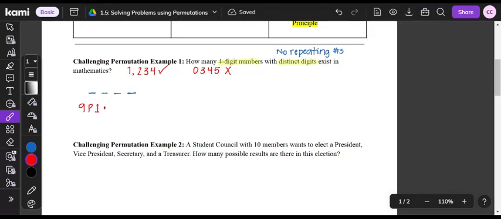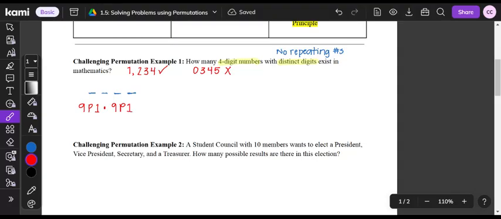Okay, then I got to think of the next spot. Now, the next spot, I'm going to allow 0 to be there. But I chose a number already in the first place, and it has to have no repeating numbers, which means if I take out whatever number I chose in the beginning, but I put 0 back in, that means I still have 9 choices.